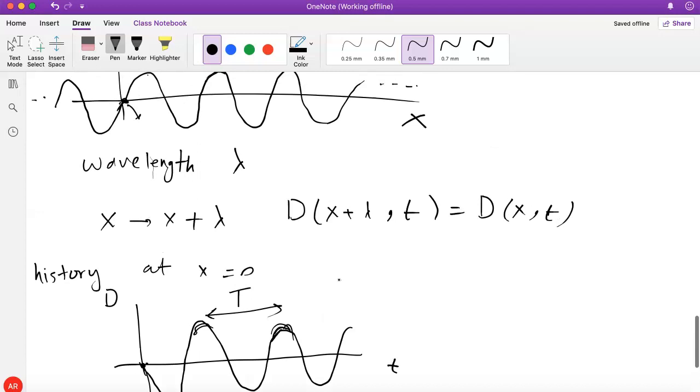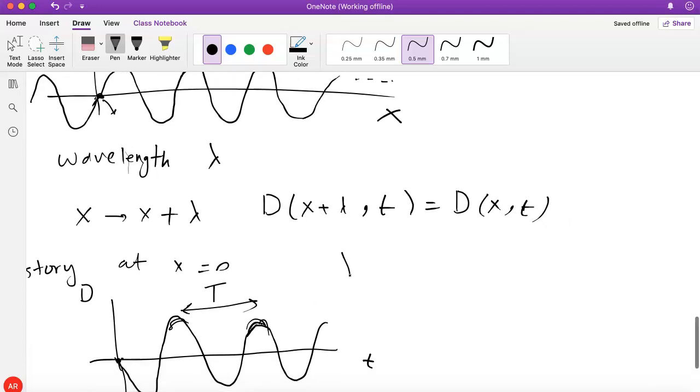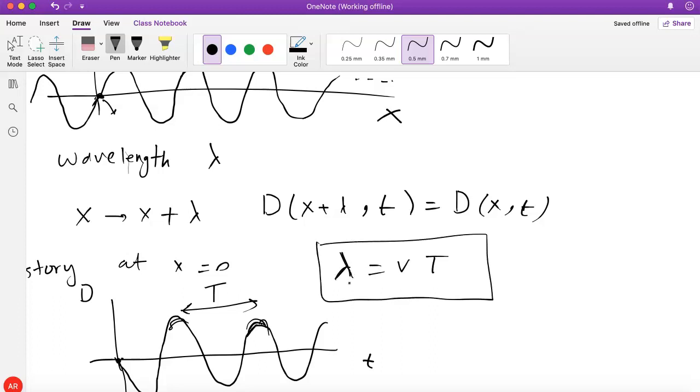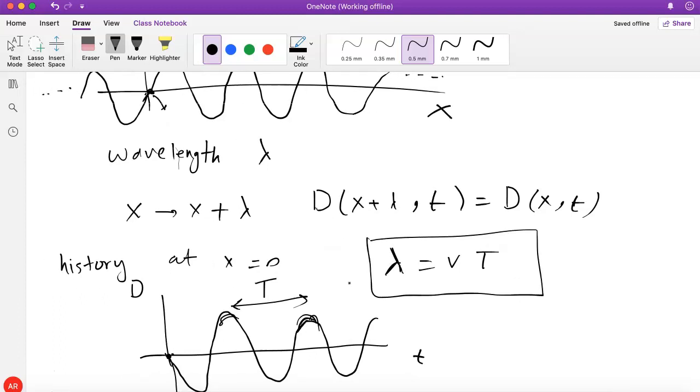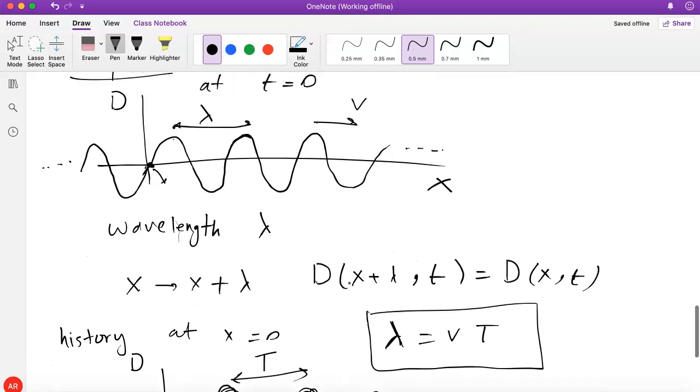So the shift must be the same as lambda, the wavelength. So the pattern falls back on itself. And we know that the wave is moving at speed v, so lambda is v times T. That's an important relationship that connects the wavelength and the period.